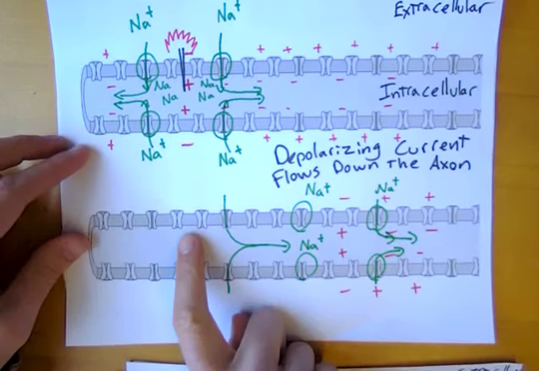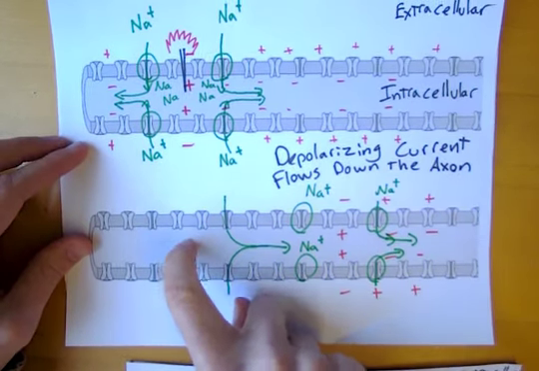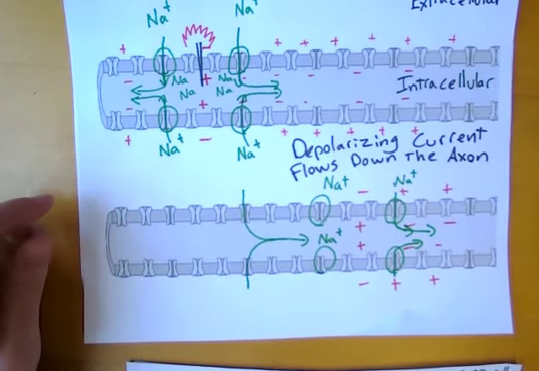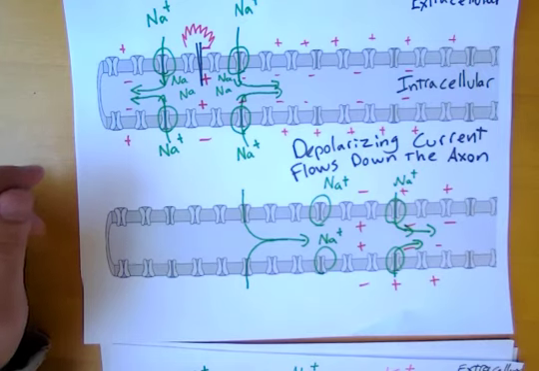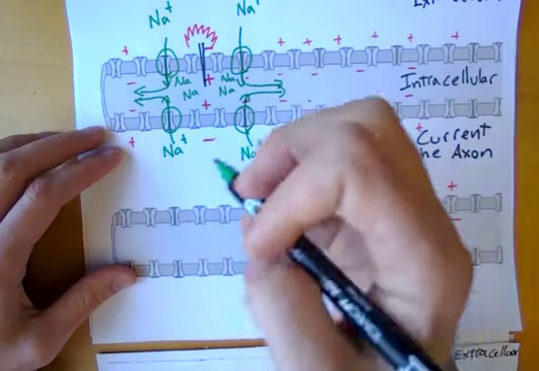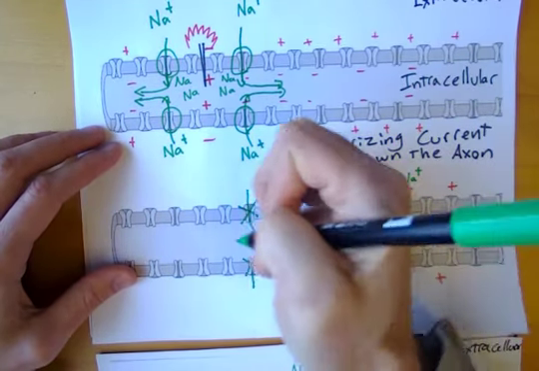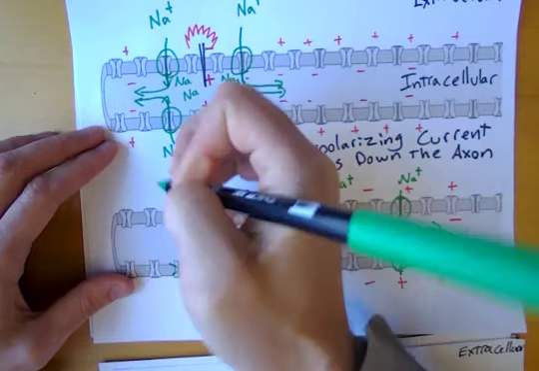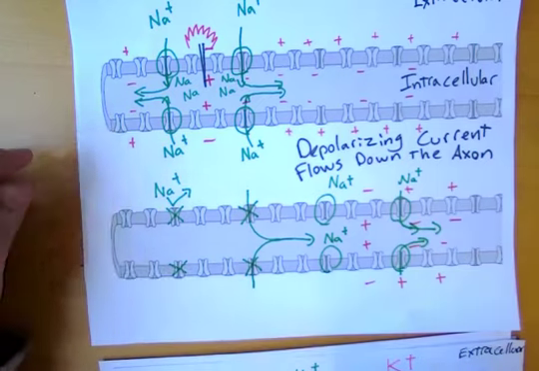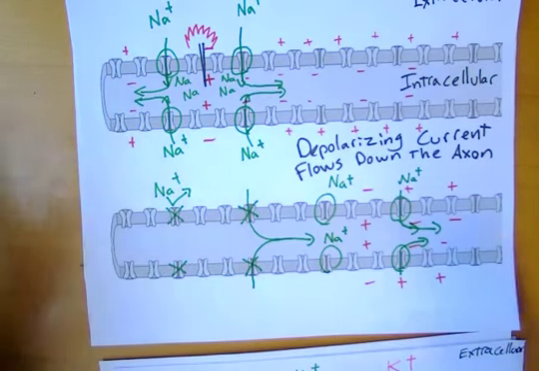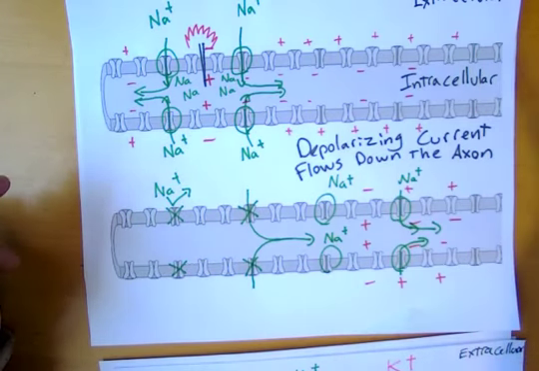So let's go back upstream to our original site and see what's happening. Now, after a short period of time, what happens is our sodium channels close. And so sodium upstream can no longer get in. Okay, that's great. So it can no longer continue to depolarize, but we've depolarized.